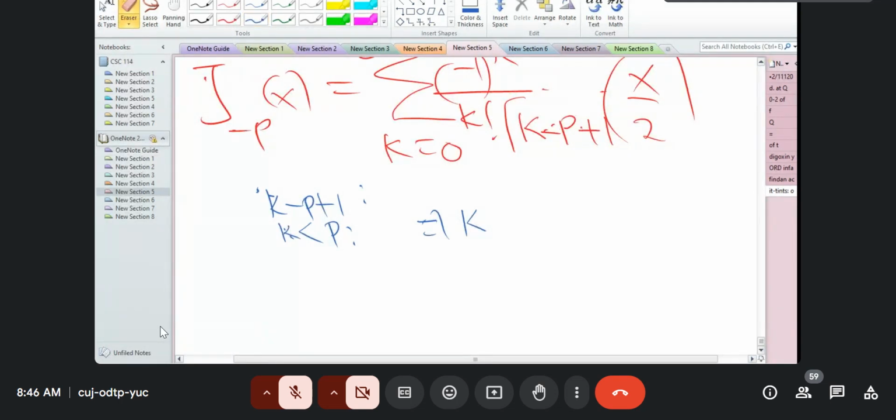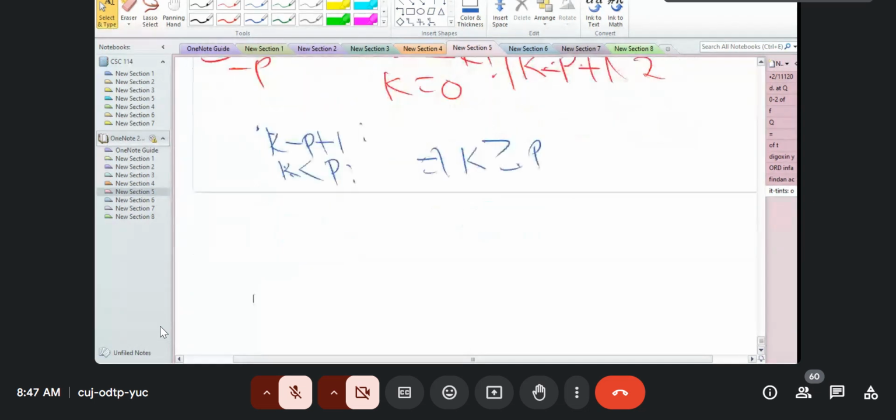Gamma of 1 is 1, as we know. If it's greater than p, it will take care of that, so we'll not have a negative argument. So k should be greater or equal to p. Or in other words, we're just saying that k should run from p to infinity and not 0.